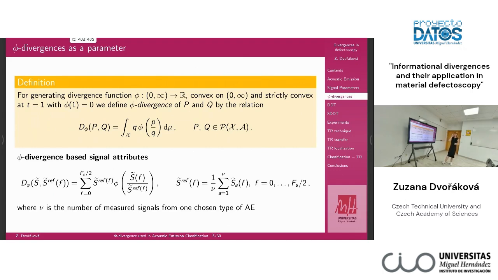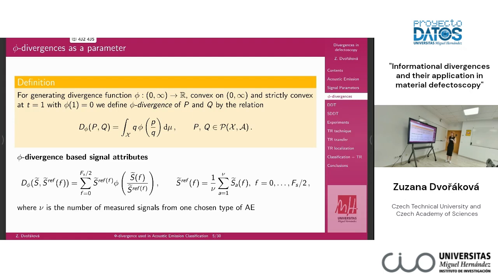We always calculate the phi divergence between some reference norm spectrum and all other spectra. What is a reference spectrum? I mostly take a group of, for example, pen test signals, and I calculate norm spectra of the signals of the pen test.